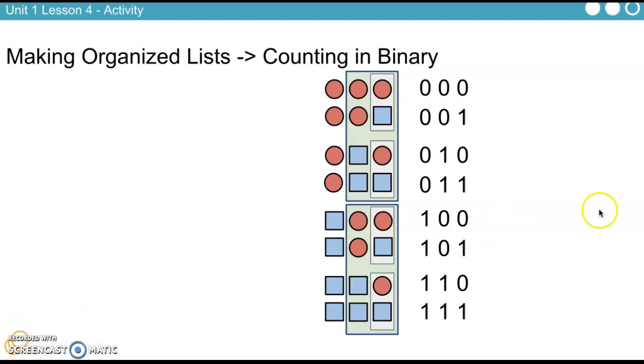So when we think of organized lists, where we have circles, they're turning into zeros, and where we have squares, we're going to make them ones. And instead of shapes, that's just what we're going to be thinking of.